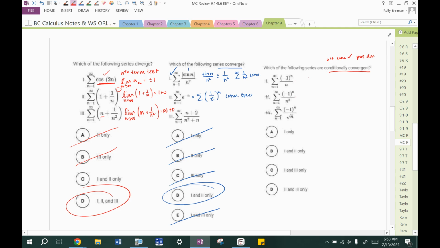So now we're just looking at the positive version. So just knock off the -1 part. 1 over n diverges, so that's conditionally. 1 over n cubed converges, so nope, that one's absolute. And the third one, the p series, diverges. So it should be 1 and 3.